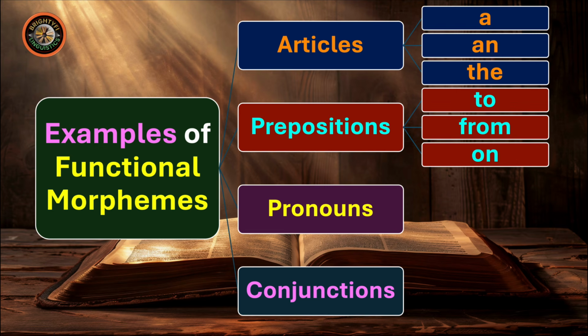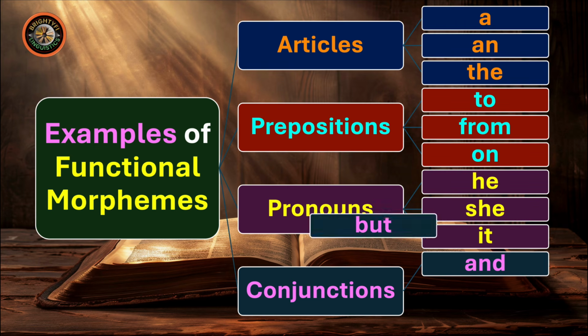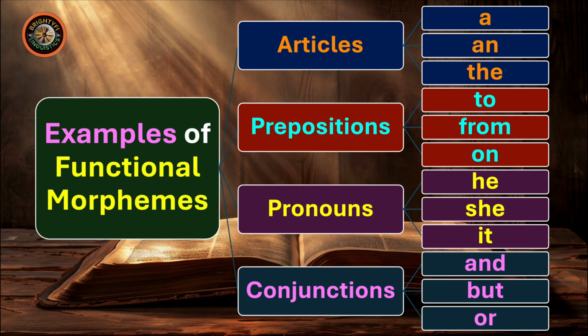Likewise, pronouns we have so many, but here we have some examples like he, she, it. And conjunctions we have and, but, or. So these are the examples of functional morphemes. Why? Because they function as grammatical words to fill in the gaps, to complete the meaning of the sentence.